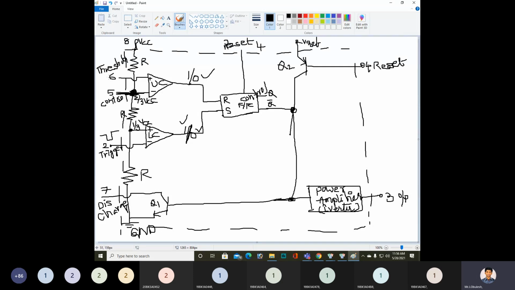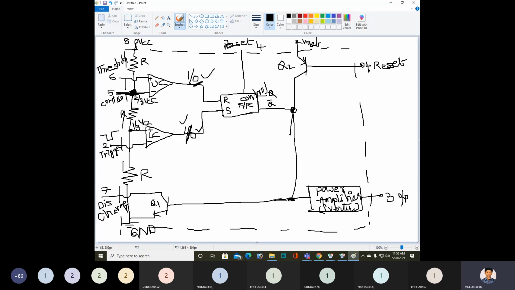The threshold voltage value is greater than 2 by 3 VCC, and at that time the output of this upper comparator is equal to 0 only.